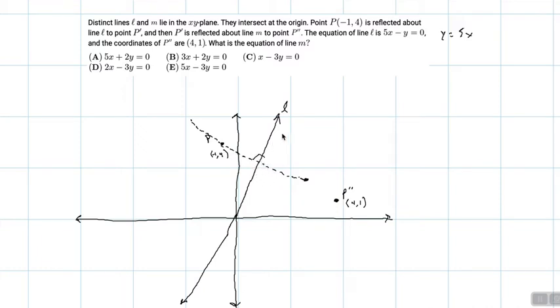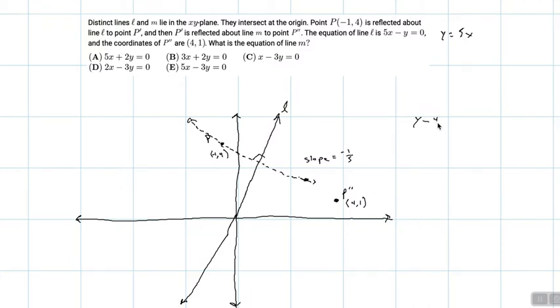So I already know, since the slope of line L is 5, that the slope of this perpendicular line has to be -1/5. And so then finding the equation of this line, we can use point slope form, since we know -1, 4 has to be on the line.